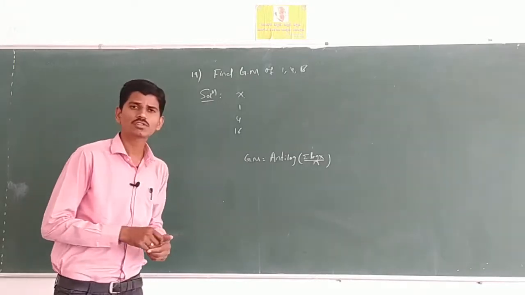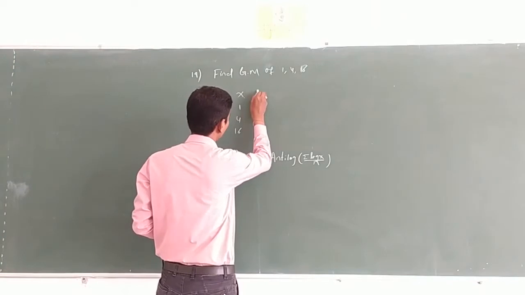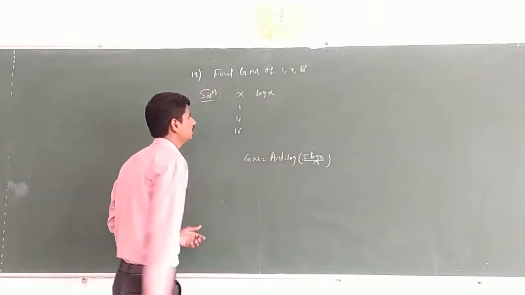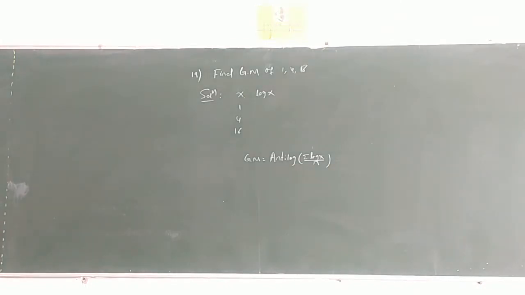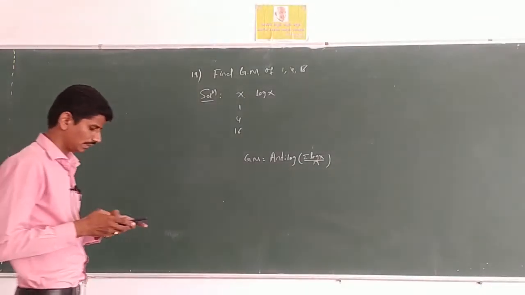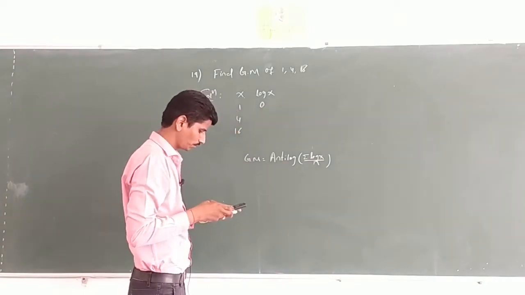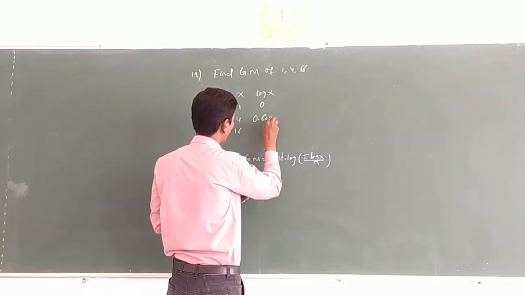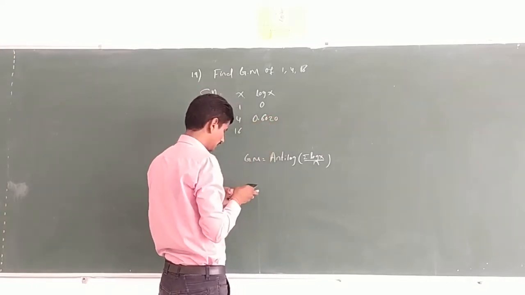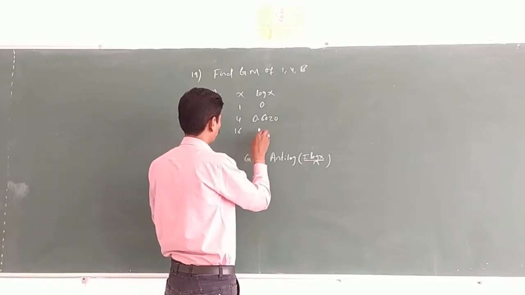First you have to find the logarithms. The next column is log x. Log 1 is 0. Log 4 value is 0.6020. Log 16 value is 1.2041.